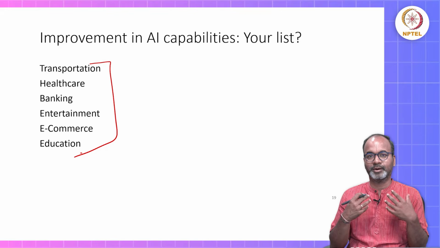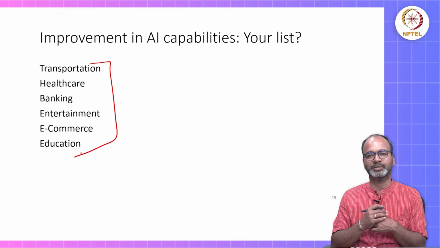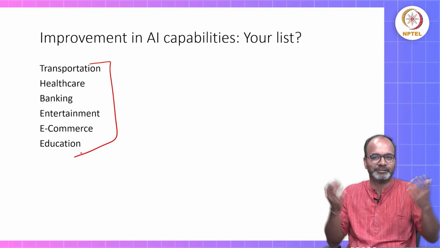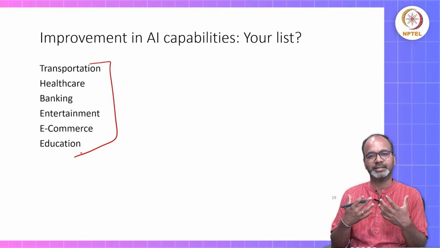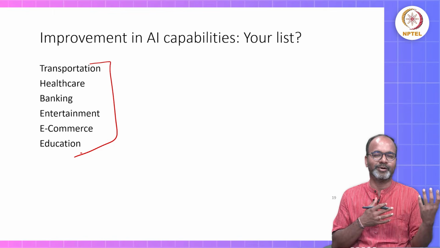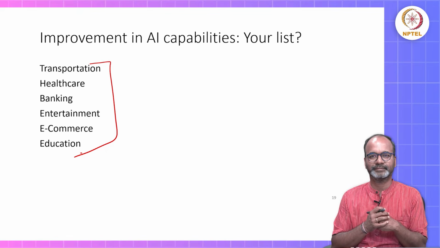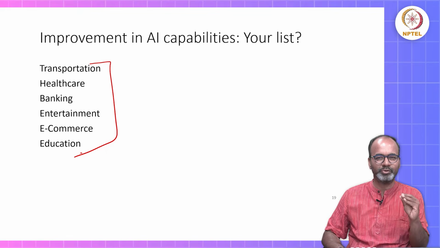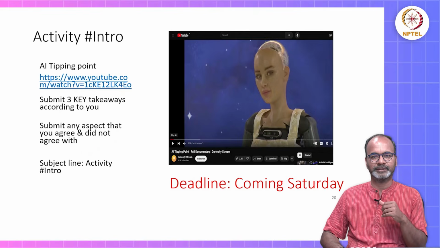For example, during COVID, all of us went online. Is there any AI capability you have seen that is very interesting to reflect on and come back and tell us? That's to help you focus on some verticals which will give you ideas about what the capabilities are.